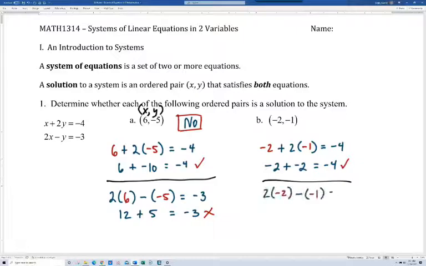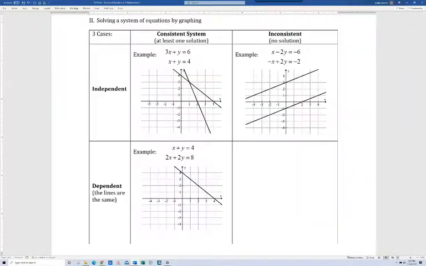We have 2 times -2 minus -1 equals -3. Well, that's going to be -4 + 1, and that does equal -3. And so yes, this point is a solution to this system. So in order to be a solution, the ordered pair has to be a solution to both.